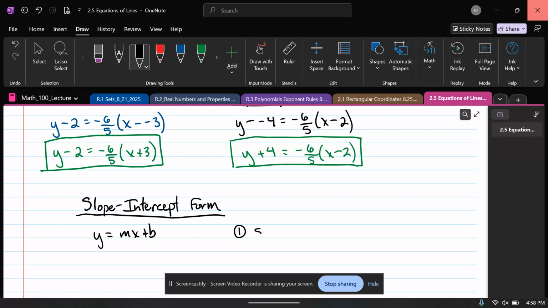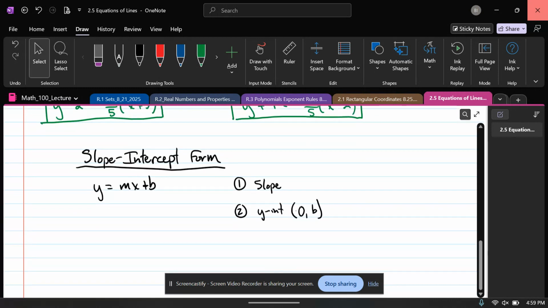You have the slope and the y-intercept. That ordered pair on the y-intercept is 0, b. So sometimes they may give you a slope and an ordered pair, but that ordered pair is special if it has a 0 as the x, because that means it's the y-intercept. So that allows you to go straight to it. Okay?